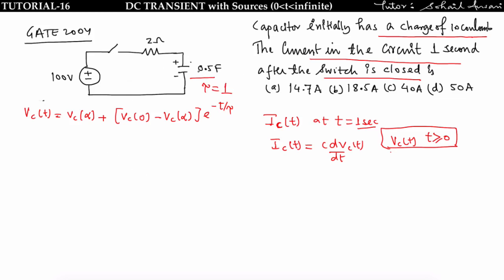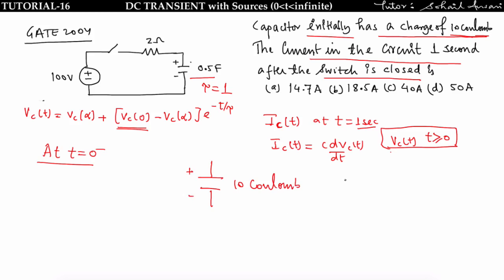We don't know how to find Vc of 0 directly, but here one initial condition is given, that the capacitor has a charge of 10 coulomb, meaning at t equal to 0 minus this capacitor has a charge of 10 coulomb with polarity like this.